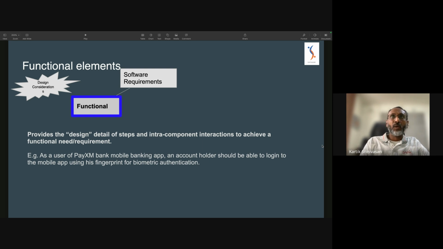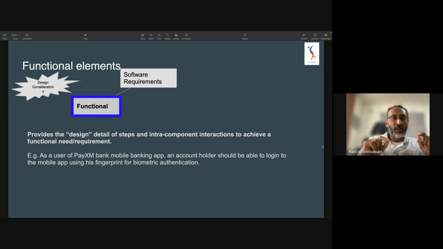Yeah. So if you remember, we had spoken about design considerations as the detail that is required to achieve a functional requirement, right? So for example, in the context of a bank, a mobile banking application, if I have a requirement that says the account holder should be able to log into the mobile app, use his fingerprint for biometric authentication, and then once authenticated, be able to do any transaction.